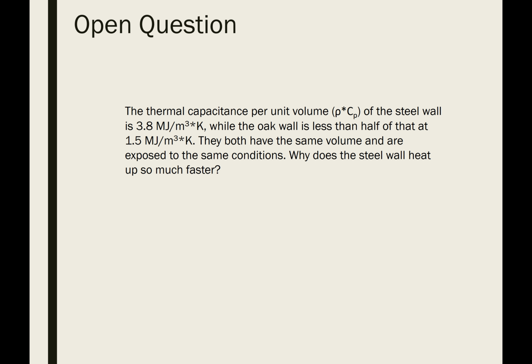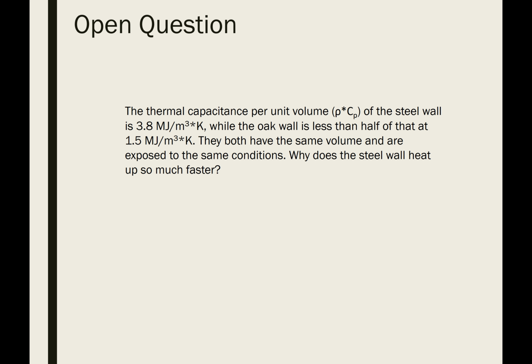So even though the accumulation term is a lot bigger for the steel, it's more than double, and specifically I mean the thermal capacitance, it still heats up a lot faster because it has a lot less resistance to heat flowing through it. So the process happens faster because of that higher thermal diffusivity.